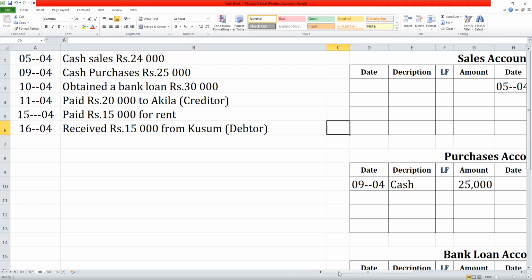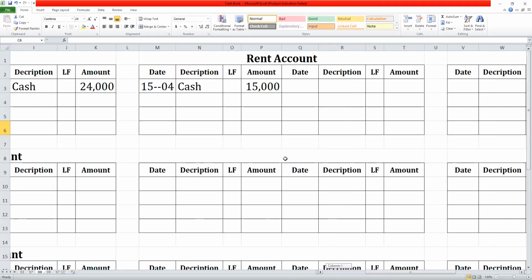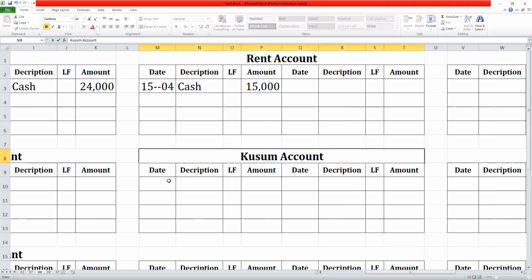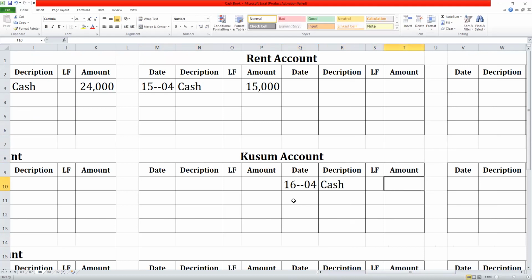So open the next account, Kusum account, credit Kusum's account, because we have collected cash from Kusum. Asset decrease is a credit. 16th April, cash 15,000. Okay.